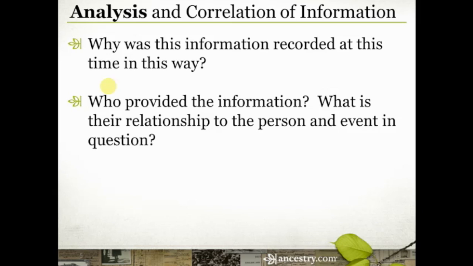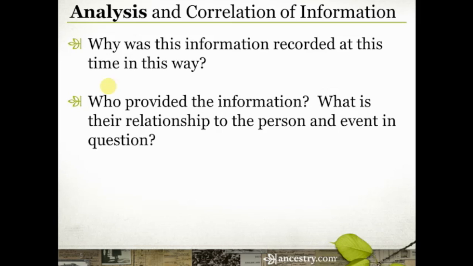And very often, as in the case of a death certificate, the information on that document can be both primary and secondary. So on a death certificate, for example, the death information, the death date and place, that is primary information. It was information recorded at the time the event occurred by someone who knew the information.